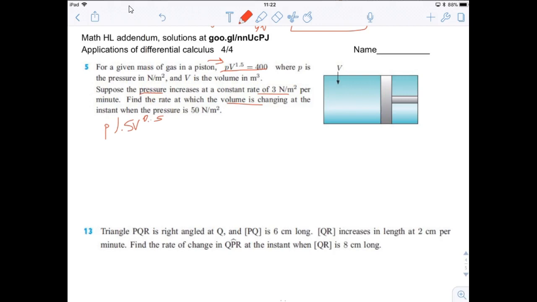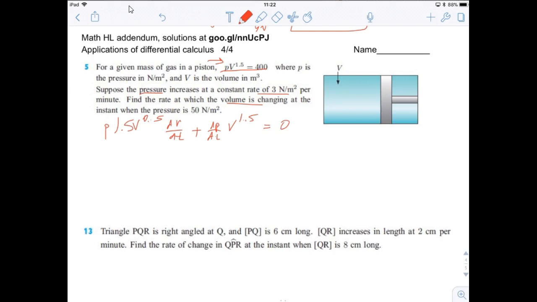And then, I'm sorry, I forgot something, the chain rule for V, so it would be dV/dt. Then we add that to dP/dt, and we leave V to the 1.5 as is. So we did the product rule on the left side, and on the right side, the derivative of 400 is 0 because it's constant.